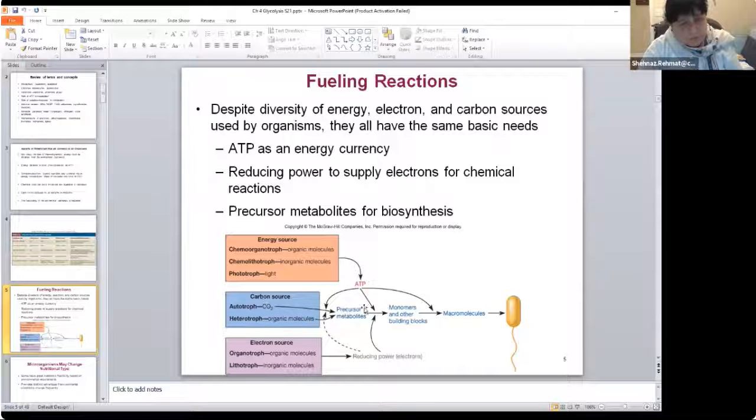And from these carbon sources, we will produce some precursor metabolites. We will focus on this word in a little bit.